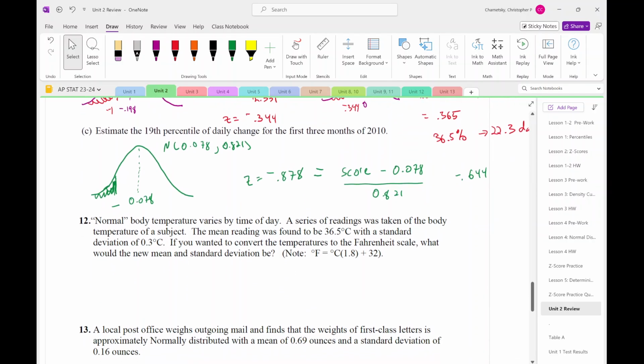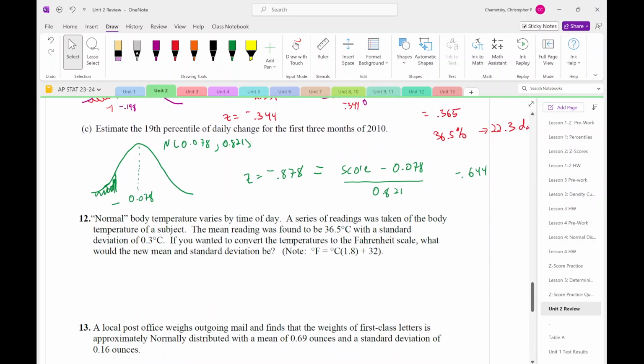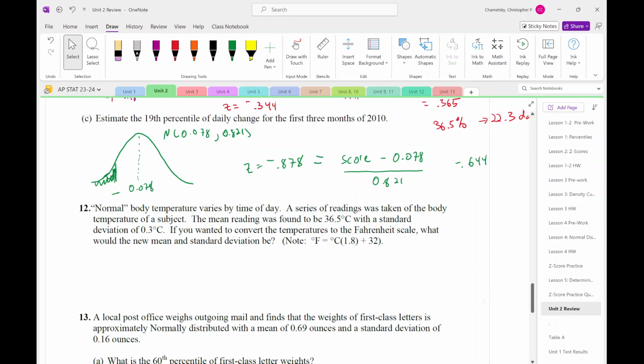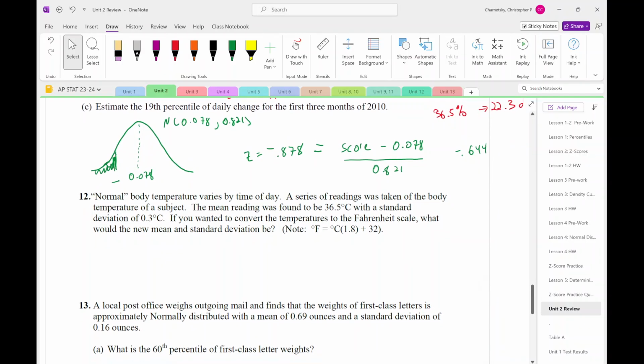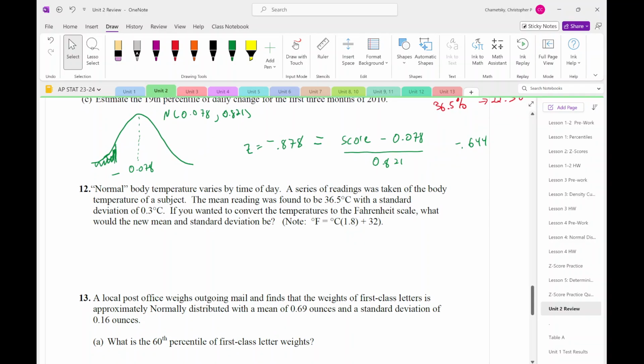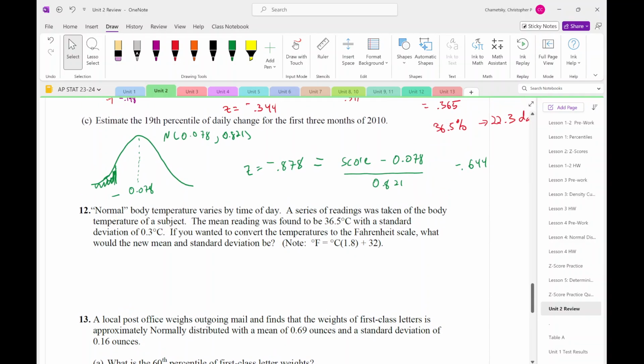Number 12. Normal body temperature varies by time of day. A series of readings were taken of body temperature of a subject. The mean reading was found to be 36.5 degrees Celsius with a standard deviation of 0.3. If you want to convert temperatures to the Fahrenheit scale, here's the formula. You're going to multiply the scores by 1.8 and then add 32.